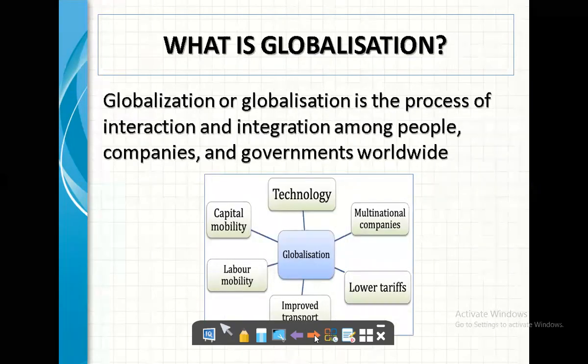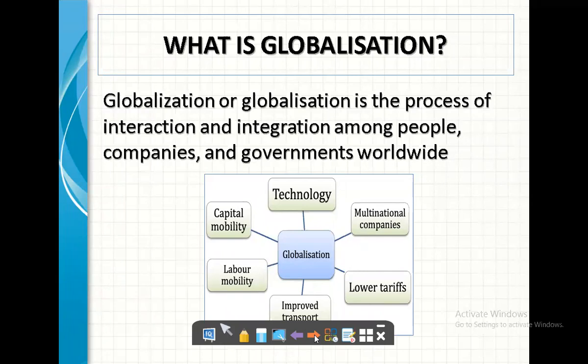So what is globalization? Globalization in general terms is the interaction and integration among people, companies, and governments worldwide.